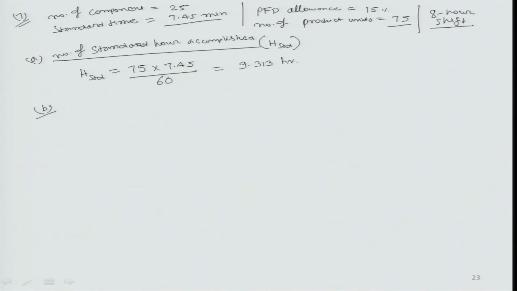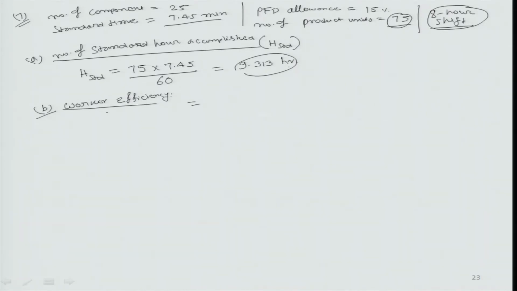Now part B is saying determine worker efficiency. So to produce 75 parts, for the given standard time of 7.45 minutes and standard shift of 8 hours, the number of standard hours accomplished is 9.313 hours. It has exceeded the 8-hour shift.